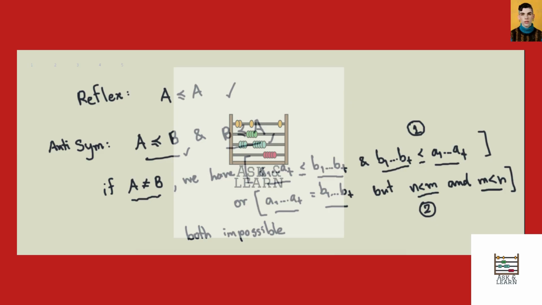So by supposing this, we are led to an impossible situation. So it's not true from the start. We must have that A equals B. So the anti-symmetry property is true.